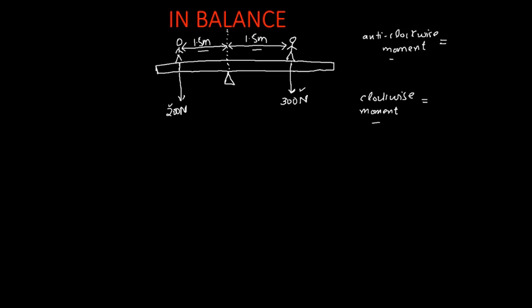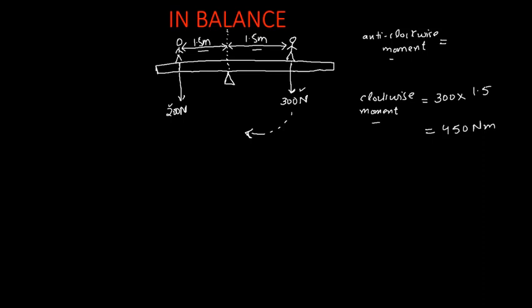So this will rotate the seesaw in this direction, and this is the clockwise moment. So we can write clockwise moment as force 300 times the perpendicular distance from the pivot point, which is 1.5 meter, and if you calculate this value, this is 450 Newton meter.